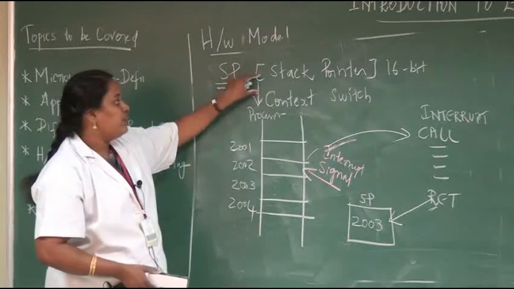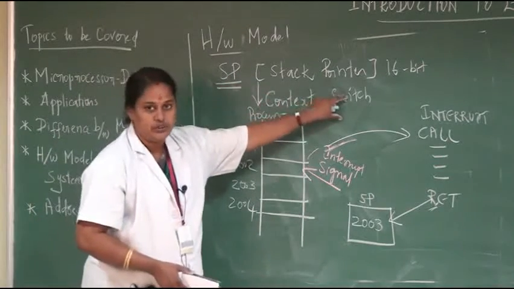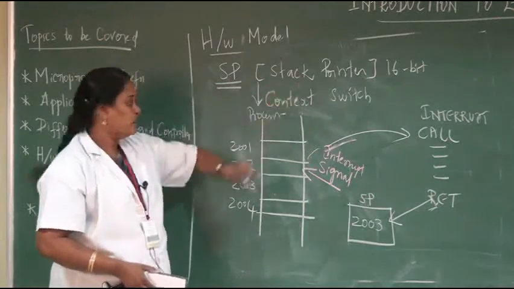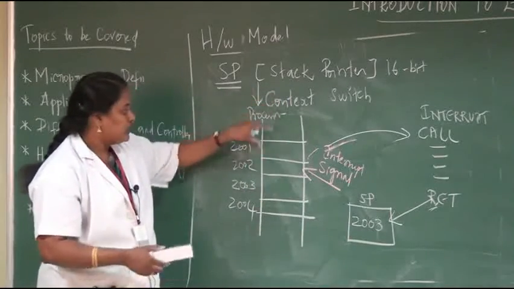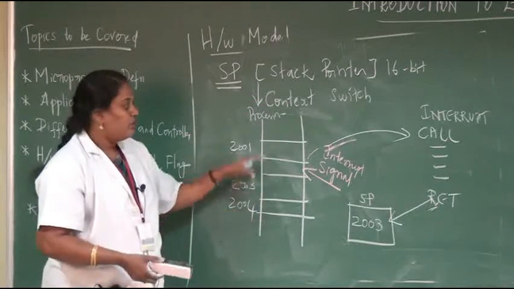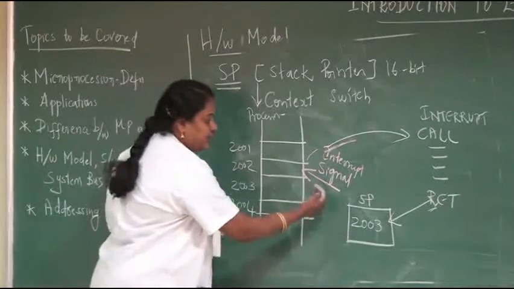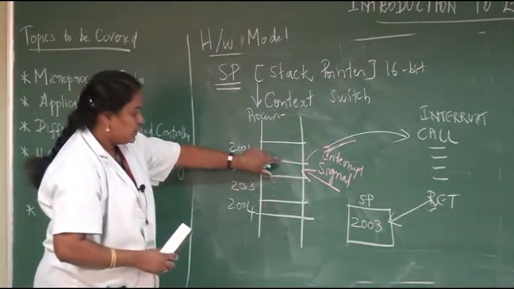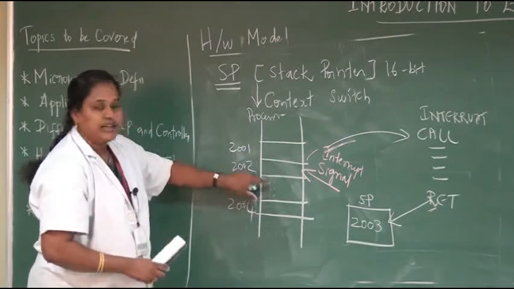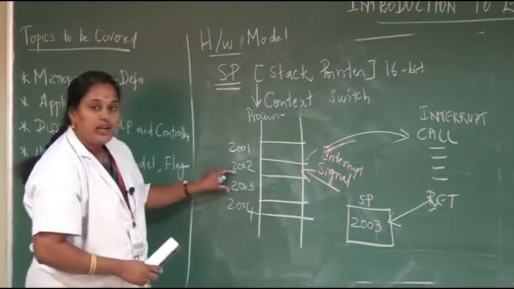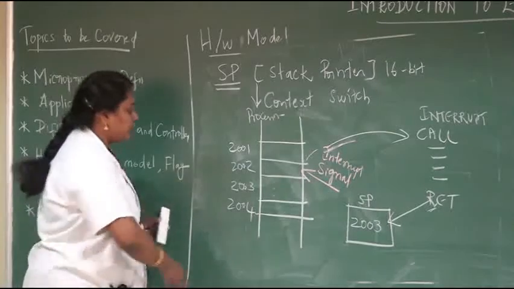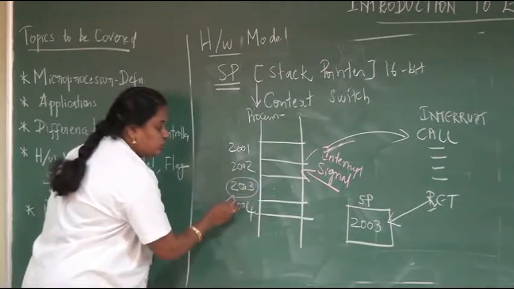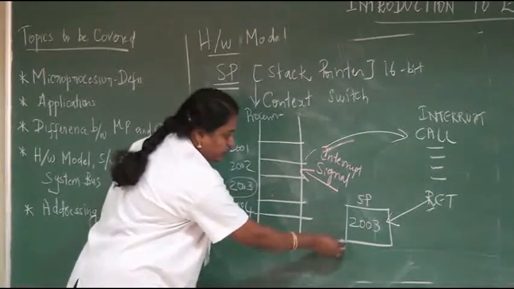So the stack pointer is used during a context switch. What do you mean by context switch? Imagine a scenario: a processor is executing a program, and during execution it receives an interrupt signal. As soon as it receives the signal, the processor stops executing its current program and stores the address of the next instruction, for example 2003, in the stack pointer.